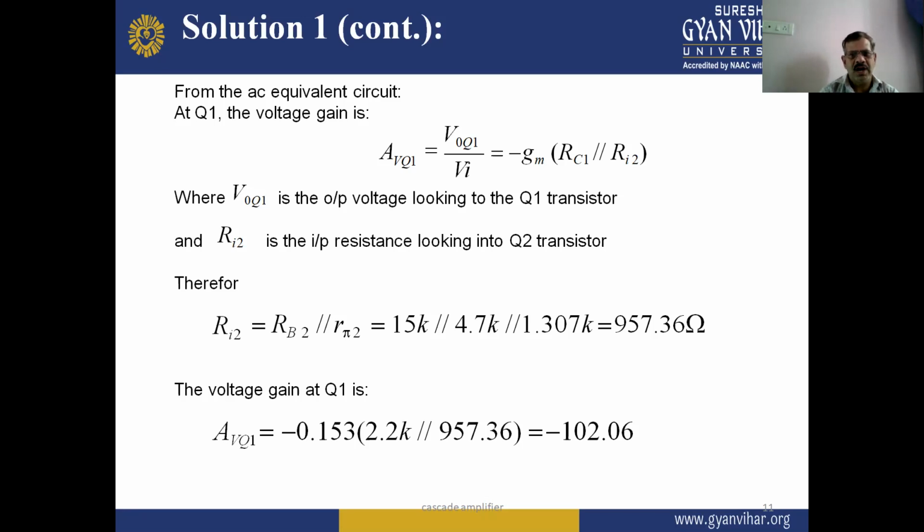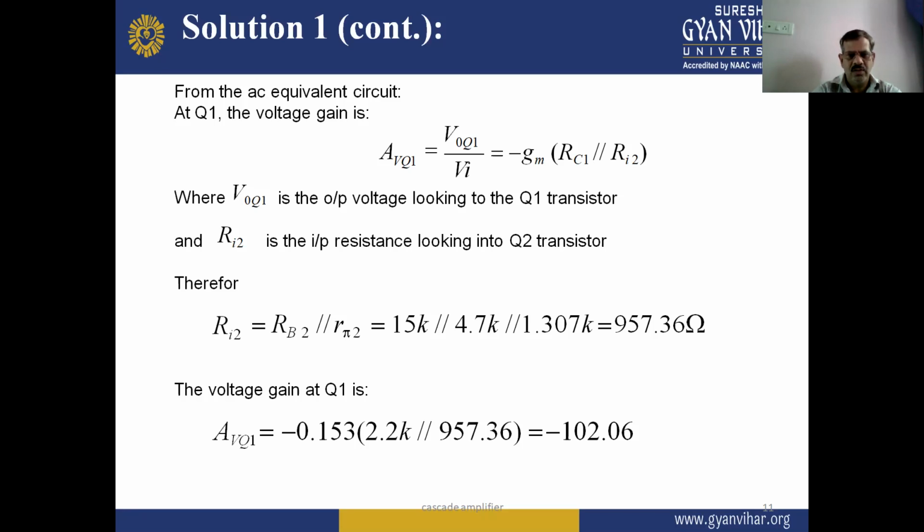So therefore Ri2 equal to R1 parallel to R2 parallel to R pi 2 equal to 15K parallel to 4.7K parallel to 1.307K. So this will be equal to 957.36 ohm.